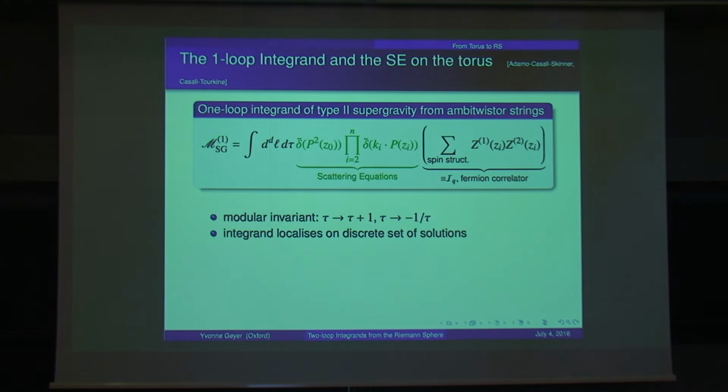Now, the two key properties, none of the other details are very relevant, is that this is actually modular invariant. So if we shift tau to tau plus 1 or tau to minus 1 over tau, the whole formula with appropriate rescalings of the other variables is invariant. And as I've pointed out, this is completely localized. So what we can do then is, on the support of these other equations, we're just left with an integral over d tau that is completely localized.